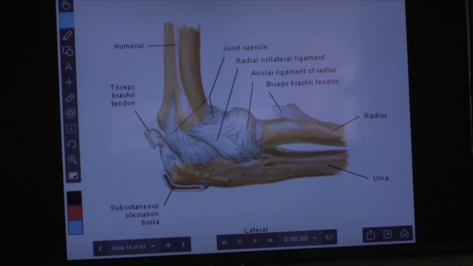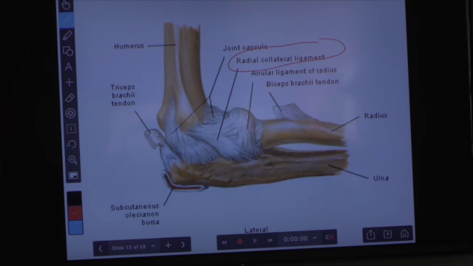So let's begin with the lateral side. So here is the radial collateral ligament. Again, I told a group of you who were here last time, if they asked you what the radial collateral ligament originates from, the humerus, and attaches to A, radius, B, ulna, C, something else, what would you choose?